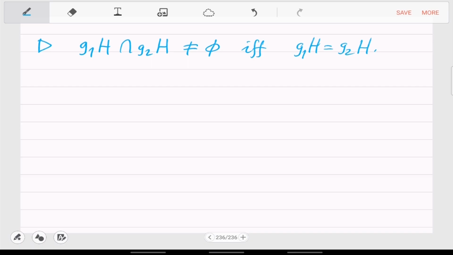So with all this, what we get is that property has a name. This is the theorem of Lagrange.